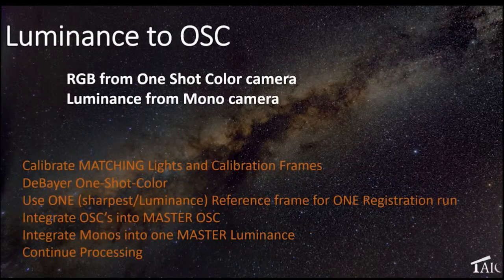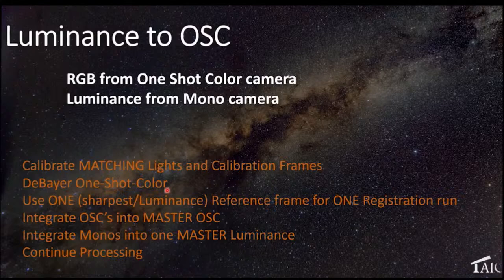Not all diverse data stems from a goof of some kind. Sometimes you want to do something different. For instance, many people use a one-shot color to get their RGB and get their luminance from a mono camera. In order to do that, you have to calibrate your matching lights with your calibration frames, as always.